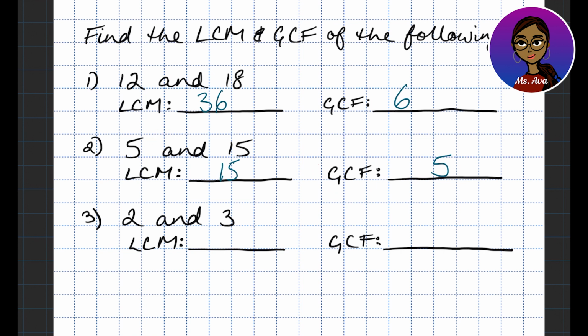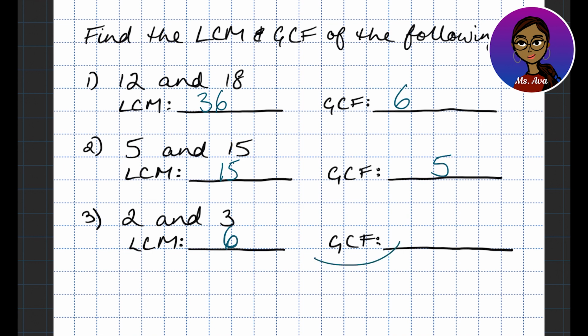Okay, then for the last one with the 2 and the 3, what do we have for the LCM? It could be 6. Yes, exactly. This one's 6. And so that means that you can just multiply the two numbers, provided that that's going to give you the lowest common multiple.